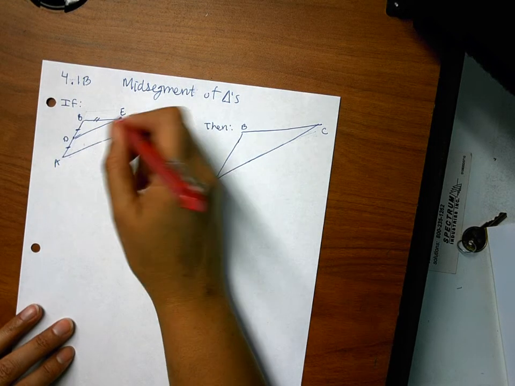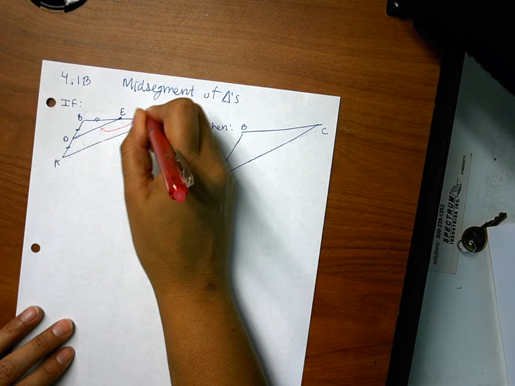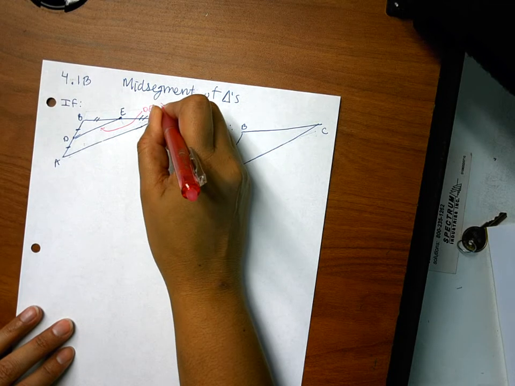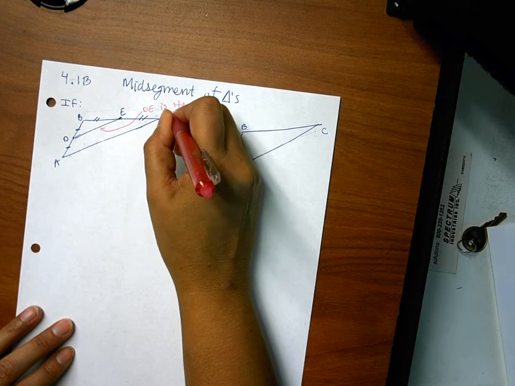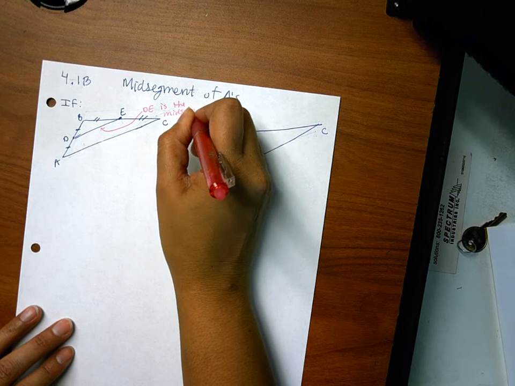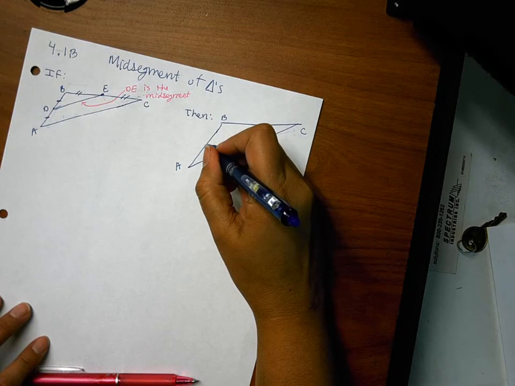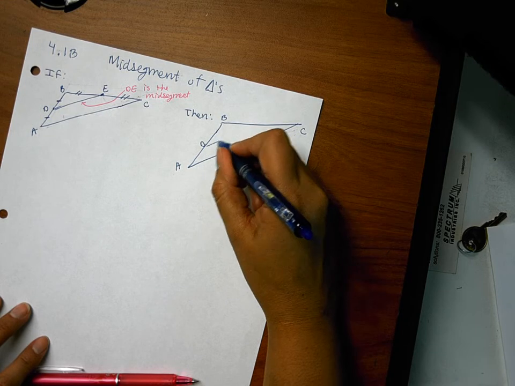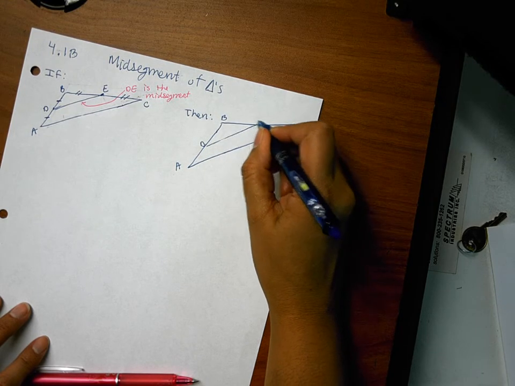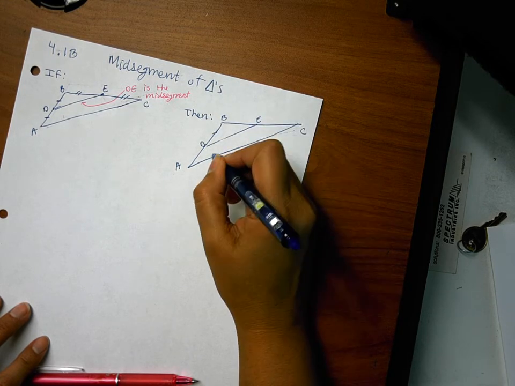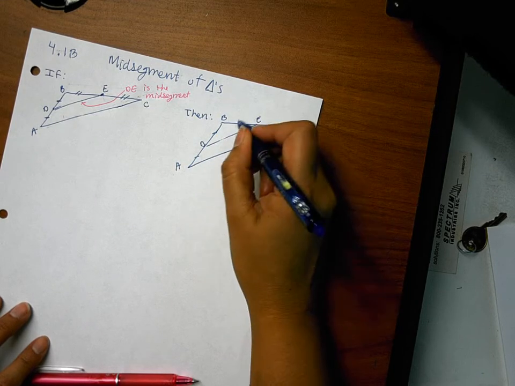All right, so let's put a little note here. DE is the midsegment. Okay, so I'm going to put D, E again. BD is congruent to DA.